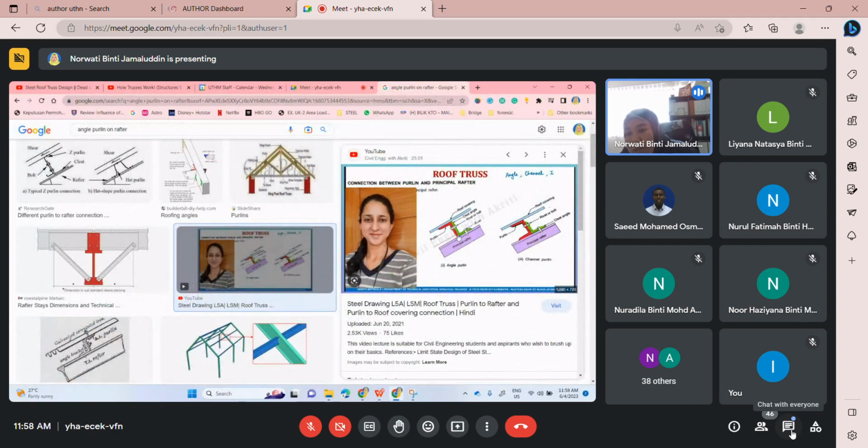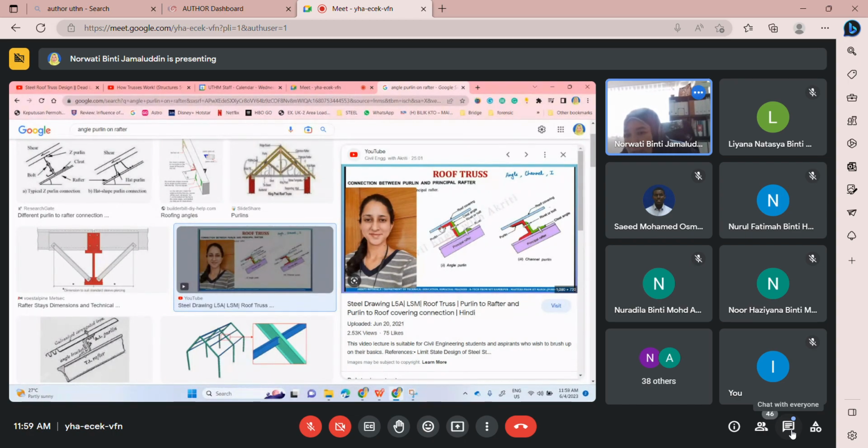We need another element so that the purlin can be in this position. And then we will have connection here, and then your roofing will be on top of the purlin, and then we will have another connection at this leg, dekat kaki dia, the leg of this angle.